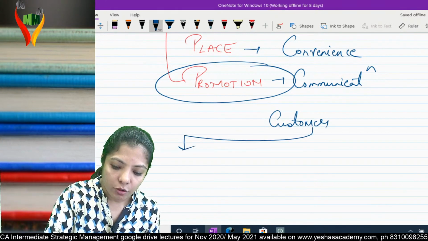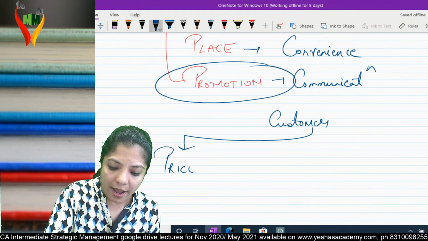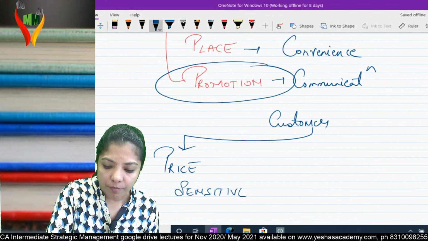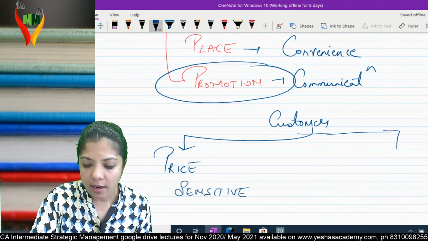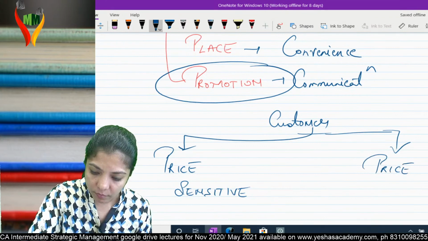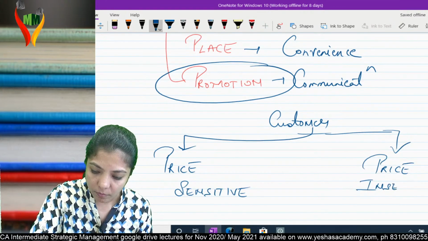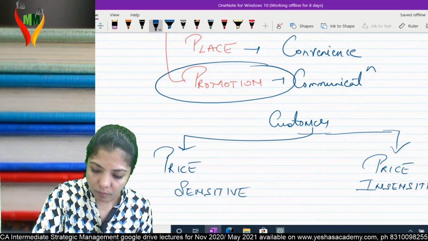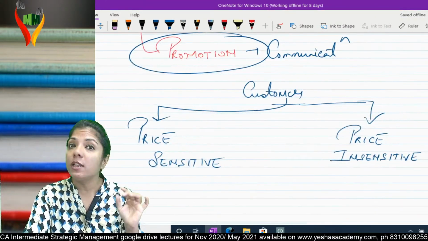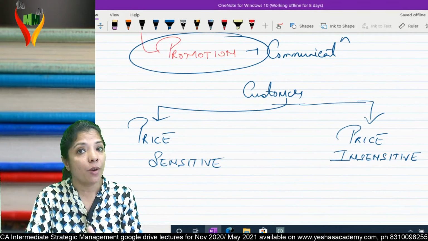One is price sensitive and another is price insensitive.